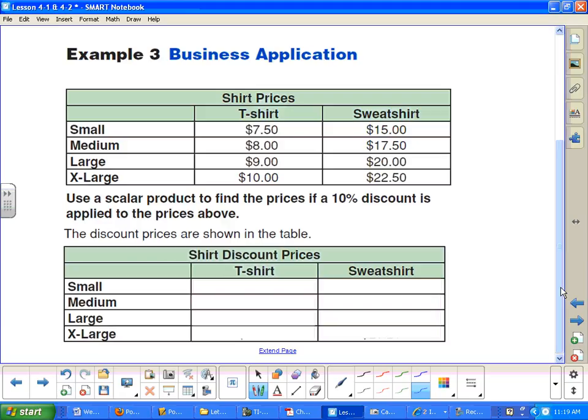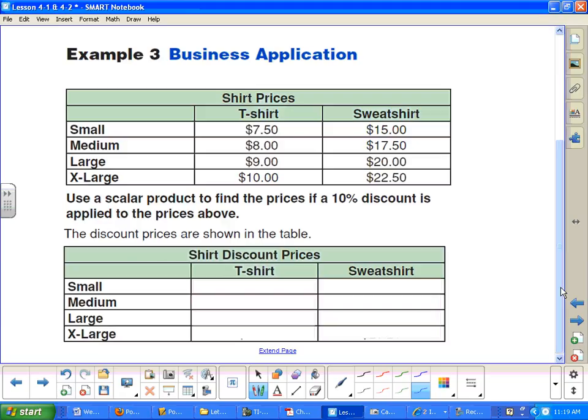Okay, here we have a business where they sell t-shirts and sweatshirts. And they've listed the shirt prices for us depending on the size of the shirt.